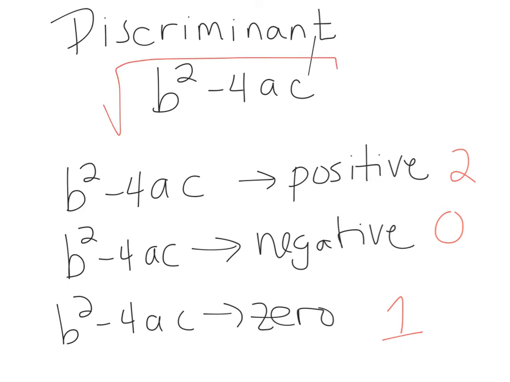If b squared minus 4ac ends up being a positive number, then the number of solutions for that particular quadratic is 2. If it ends up being a negative number, then there are 0 solutions that are real numbers, that aren't imaginary. Finally, if b squared minus 4ac is 0, then there's one real solution.